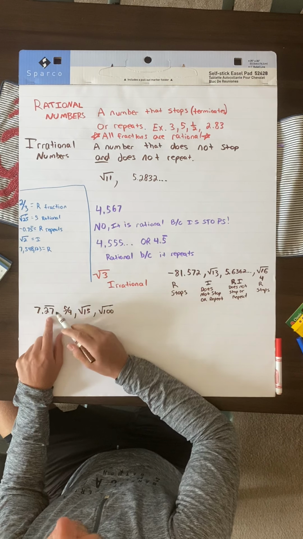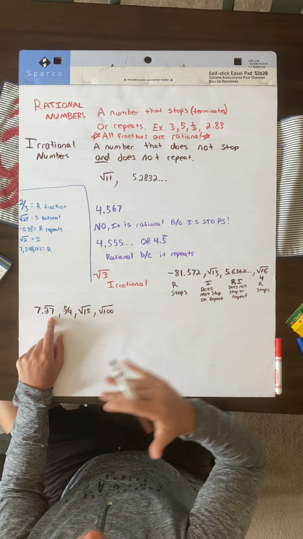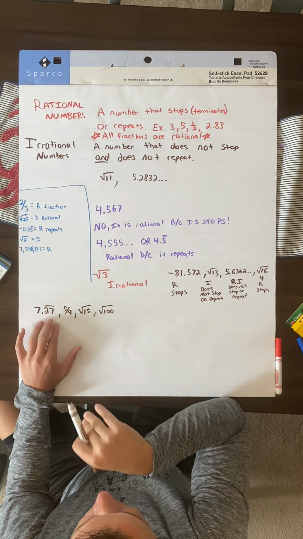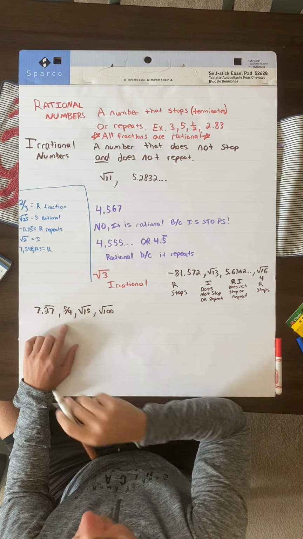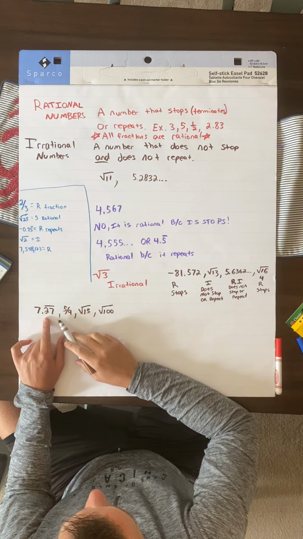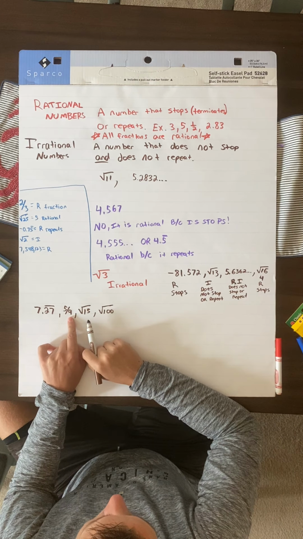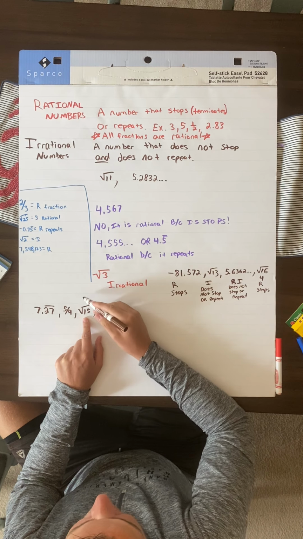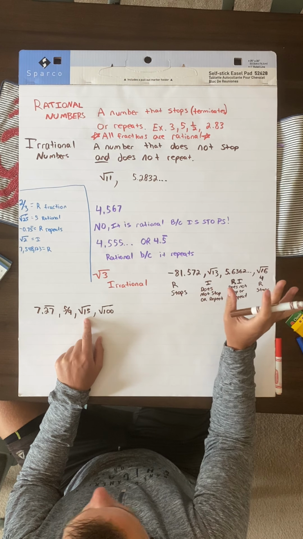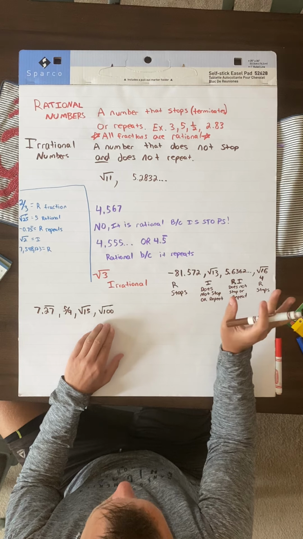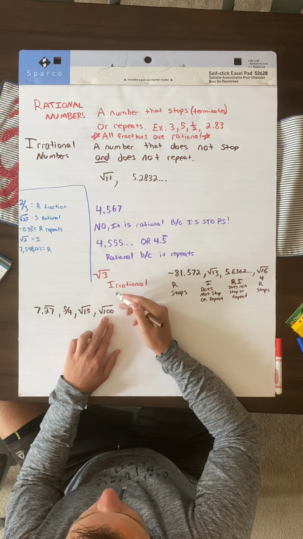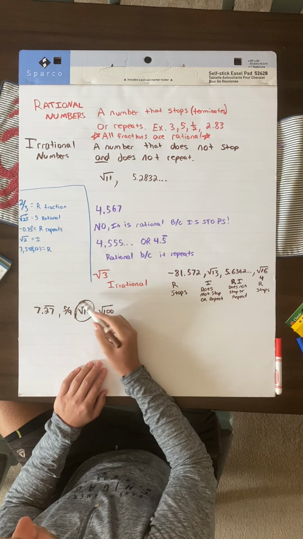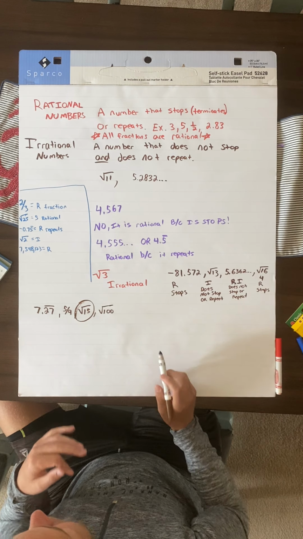So we look right here, we see the bar. What does that bar mean? Okay, good. That means it repeats. So those two numbers are going to repeat. So therefore, it's a rational number. A fraction is rational. Square root of 15, when we put that in the calculator, it equals 3 point, and it goes on forever. Square root of 100 equals 10. So our irrational number is going to be right here, the one that does not repeat, does not stop.